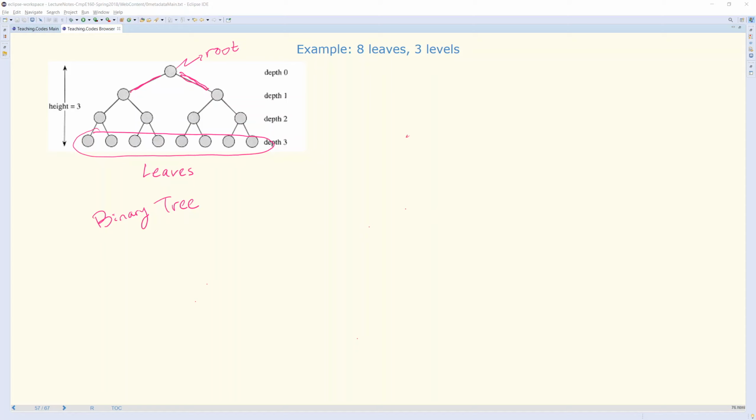We're talking about a binary tree, so we are working on base 2. We have a height of 3. So we have 2 to the 3 maximum number of leaves, which is 8 leaves maximum. In this case, since it's a complete binary tree, we are using all of the leaves. That's why we have 8 leaves here.